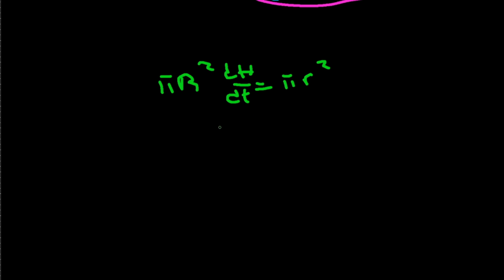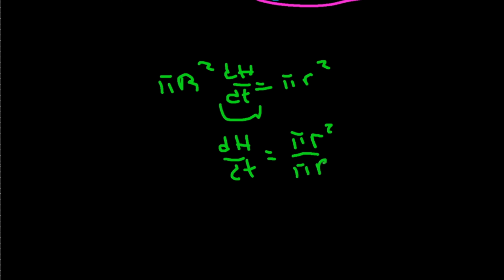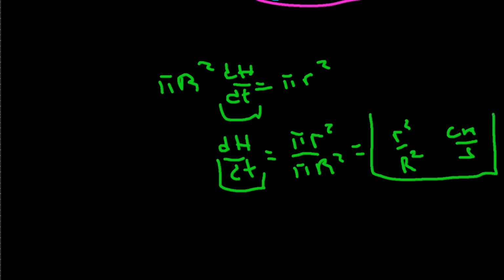And here, let's solve for dH dt. Divide pi big R squared on both sides. We're going to get pi little r squared over pi big R squared. That's just equal to r squared over R squared. Units are going to be distance over time, so that's going to be centimeters per second. And that's going to be it. That is the solution to this problem.